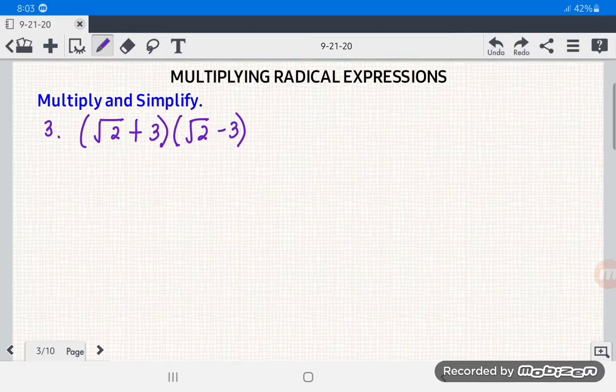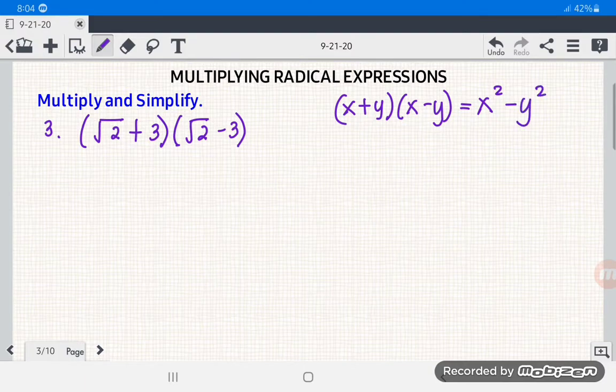So this is an example of the sum and difference of two terms. We all know that if we're going to get the product of the sum and difference of two terms, you're going to square the first term minus the square of the last term.